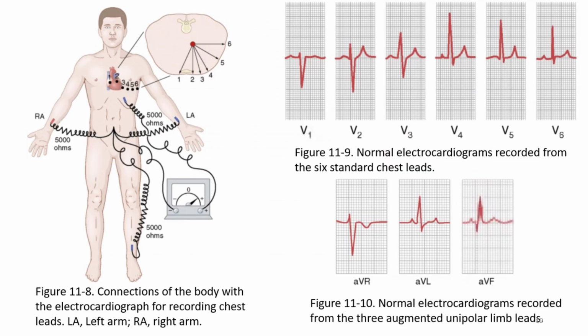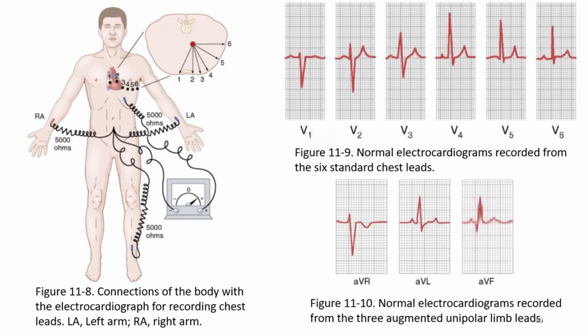You can see here augmented voltage right, left, and foot. Generally, in augmented voltage right, the P wave will be negative. It is normal, and you can see the chest electrode recordings here. As you see here, connections.